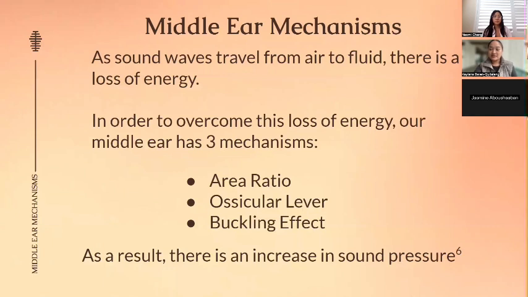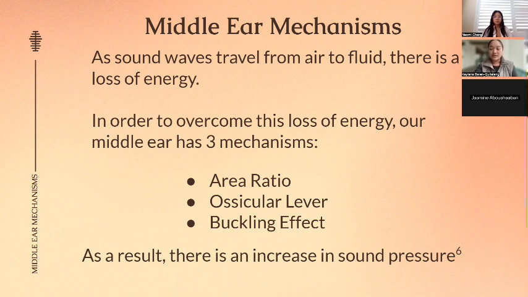Lastly, as the sound waves travel from air to fluid, there is a loss of energy since the air is less dense than fluid. Because of this, the middle ear has three mechanisms, including the area ratio, in which the tympanic membrane is 17 times larger than the stapes footplate and works as a pressure amplifier, the ossicular lever, in which a lever is created and the length of the malleus is greater than the length of the incus, and finally, the buckling effect, in which force is transmitted from the center of the tympanic membrane.